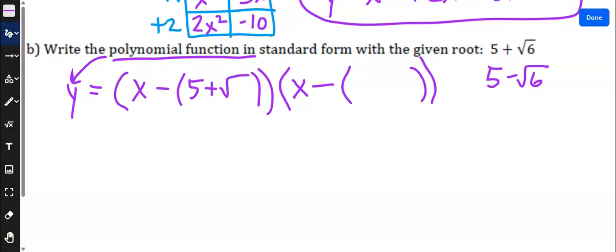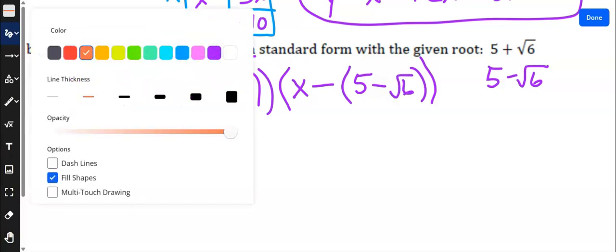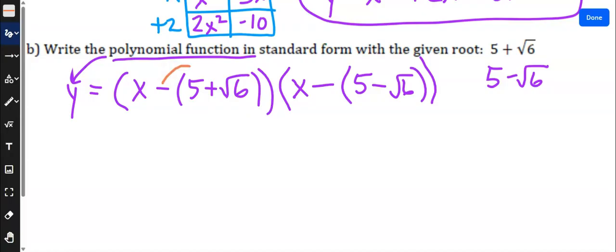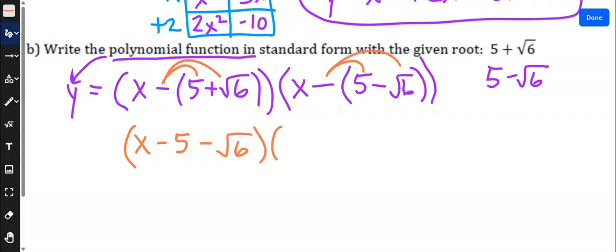X minus 5 plus radical 6, x minus 5 minus radical 6. So I'm going to make a recommendation to you. I'm going to make a recommendation that you distribute that first, giving me x minus 5 minus square root 6. And distribute here, x minus 5 plus square root 6.